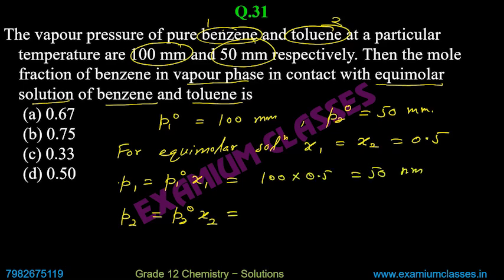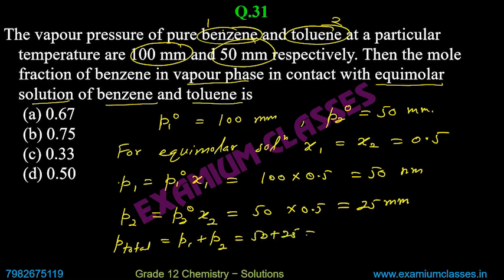P2 naught, that is toluene, is 50 into 0.5, that is 25 mm. So you got P1 and P2. Total pressure will be sum of these two. P total will be partial pressure added, 50 plus 25, 75 mm.